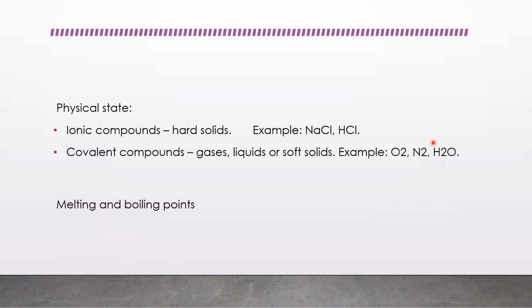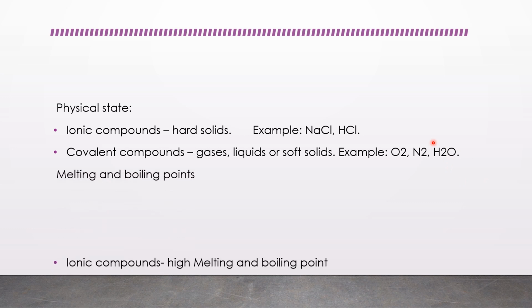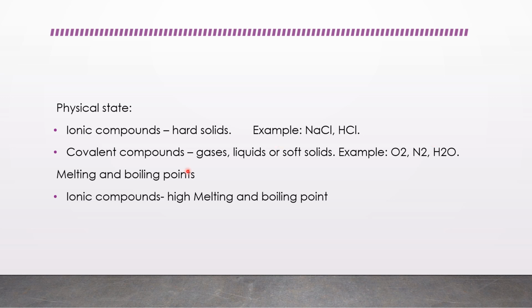Now we are going to see the melting and boiling point. Ionic compounds have a high melting and boiling point, and covalent compounds have a low melting and boiling point. In ionic compounds the force of attraction is electrostatic.